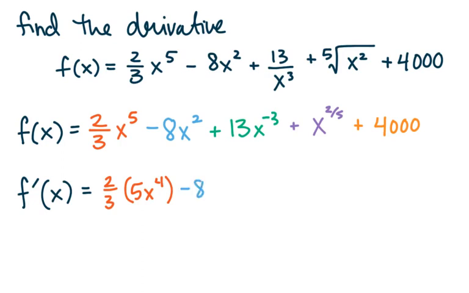I have minus 8. X squared becomes 2x to the 1st, plus 13. X to the negative 3 becomes negative 3x. Negative 3 minus 1 is negative 4.